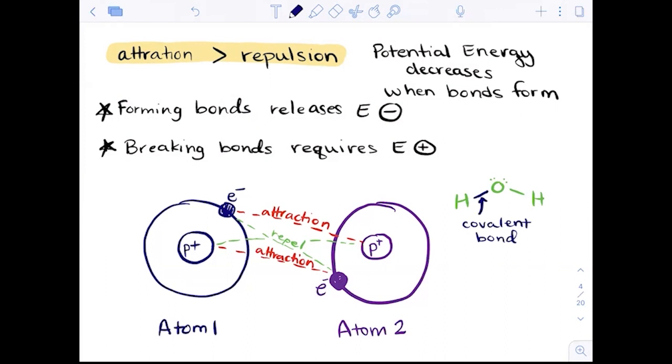Now we'll decide what covalent means beyond just the identity of the two atoms bound together, but that bond forms because it is energy releasing. The attraction between the hydrogen and the oxygen is greater than the repulsion between those two atoms. So there's something favorable holding those two elements together. And that's what we're going to investigate.